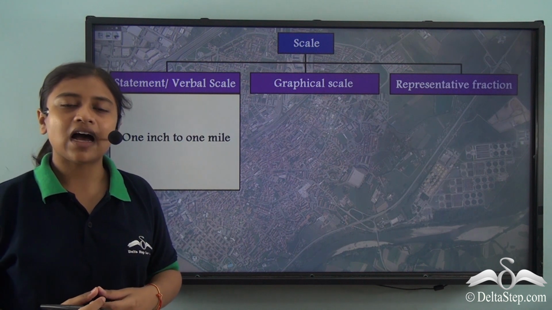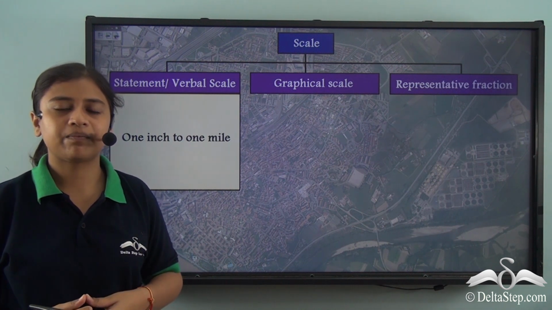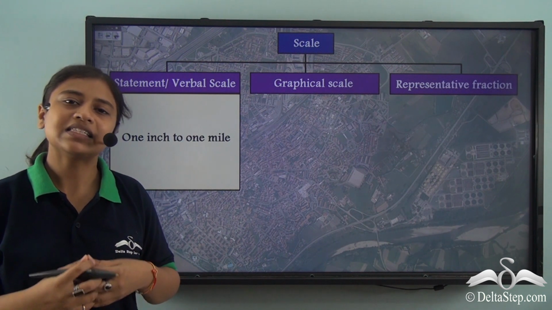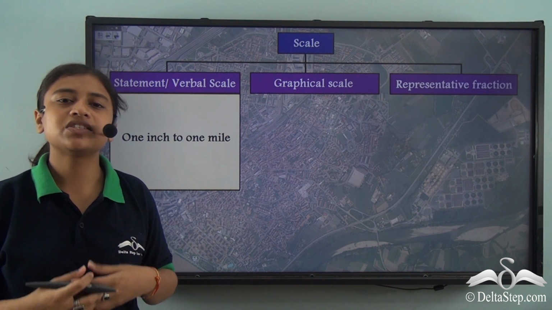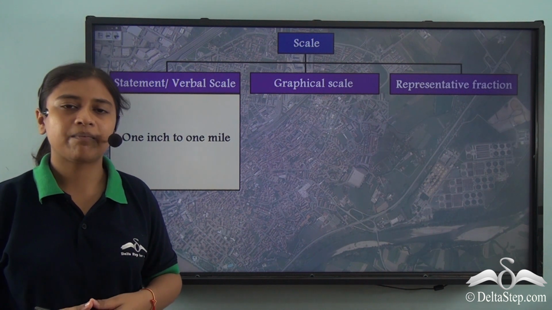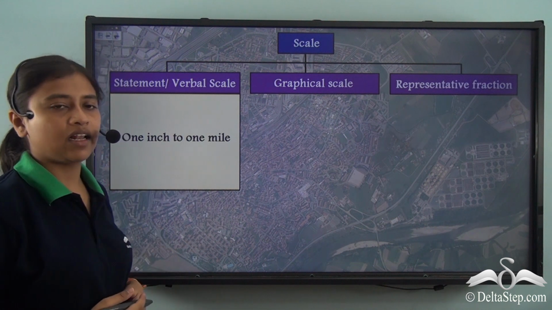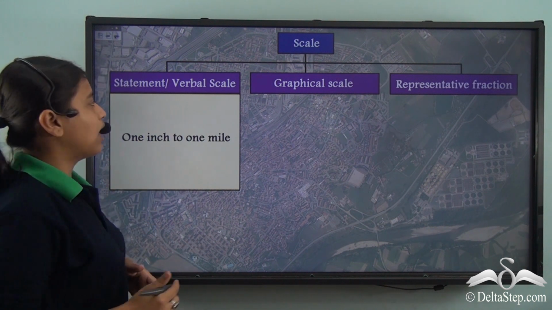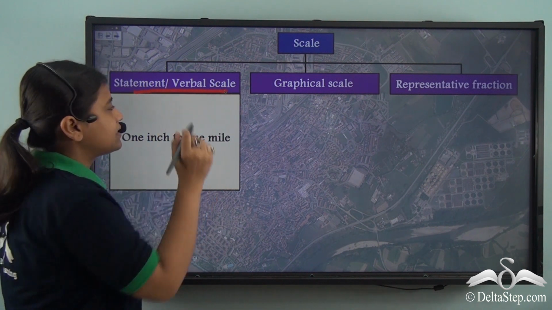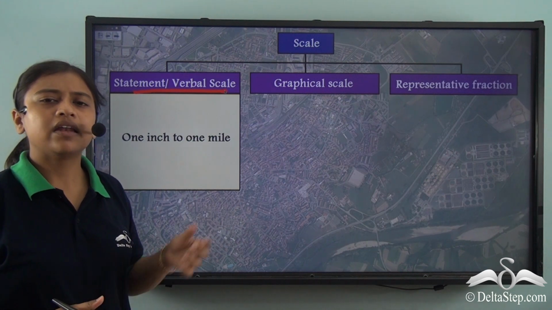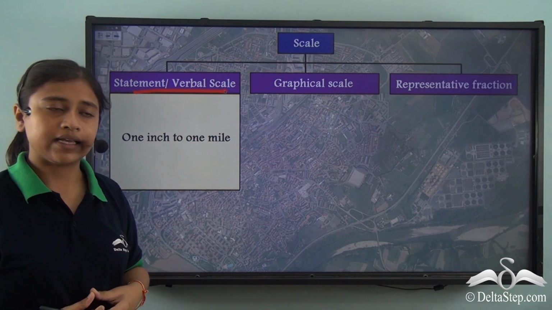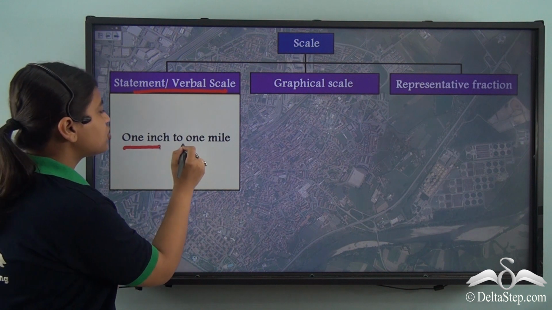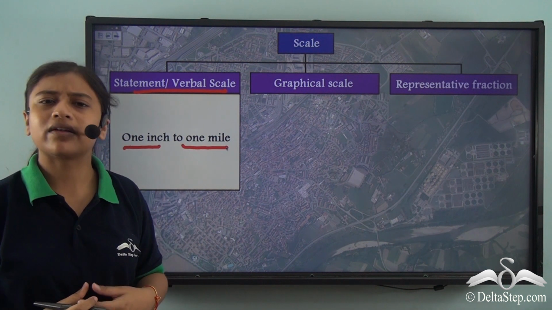Scales are of three different types. All of them serve the same purpose, but they are represented in different manners. The first is the statement or verbal scale. According to this verbal scale, it says 1 inch to 1 mile. What does that mean?